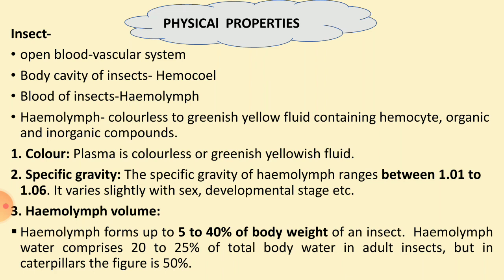The hemolymph forms up to 5 to 40% of the body weight of an insect. The hemolymph water comprises 20 to 25% of total body water in an adult insect, but in the caterpillar the figure is 50%.